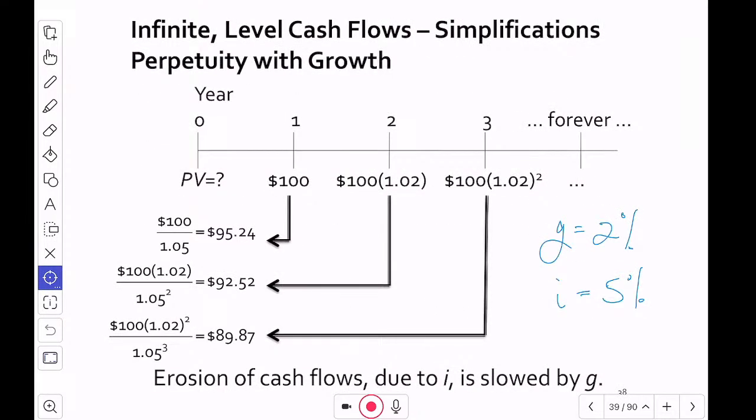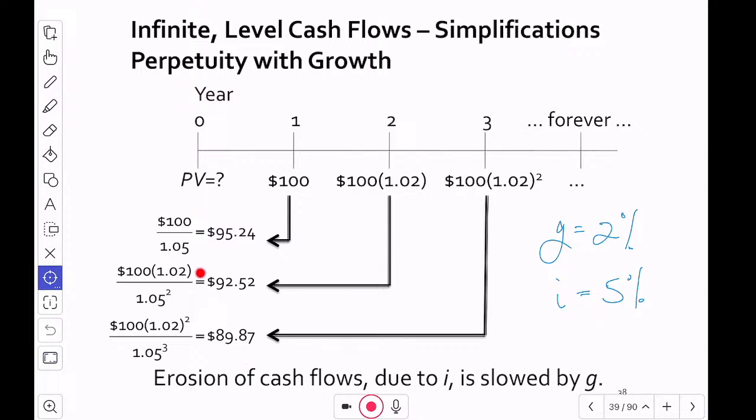I guess this is the best way to look at it. Here you see that I is less than G, and these are going down.